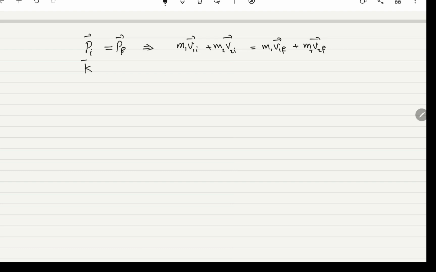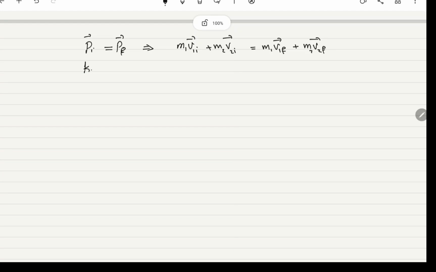And kinetic energy is conserved. In other words, half m1 v1 initial squared plus half m2 v2 initial squared equals half m1 v1 final squared plus half m2 v2 final squared.